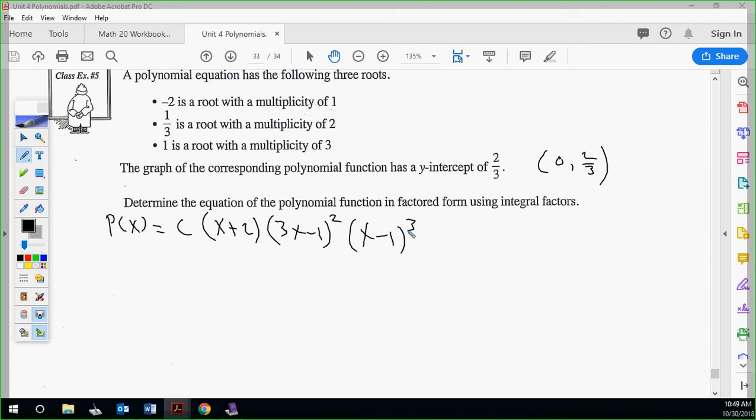So we are going to plug in 2/3 here. C times, and we're going to plug in 0 for the x's. 0 plus 2 is 2, negative 1 squared, and negative 1 cubed.